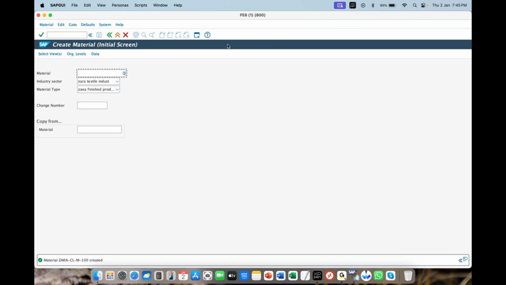We have one more scenario. The material we have created is for one organization level. If the same material is to be accessed from other organization levels, you need to understand how that works.